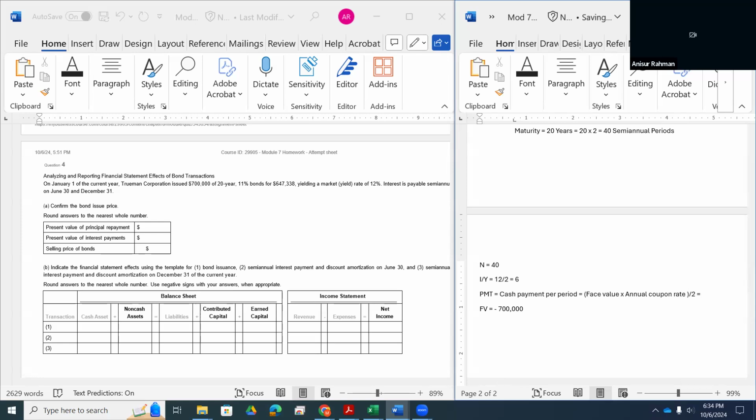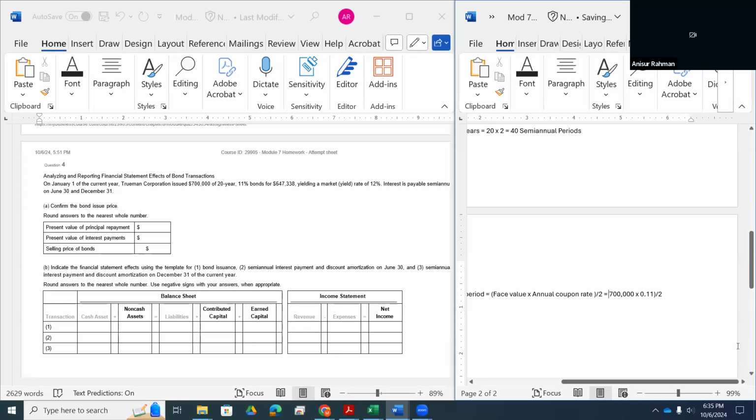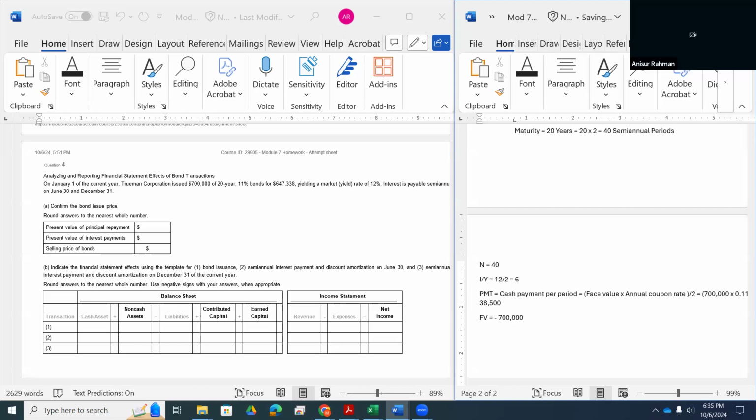Our face value is 700,000 times our annual coupon, 11%, which will be 38,500.